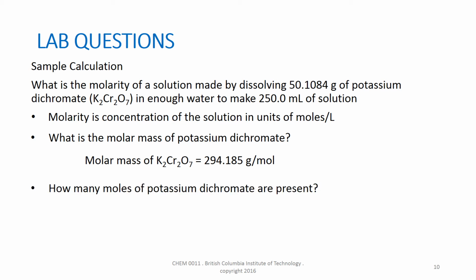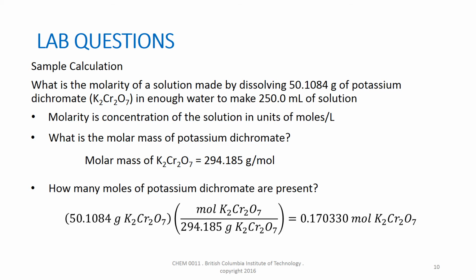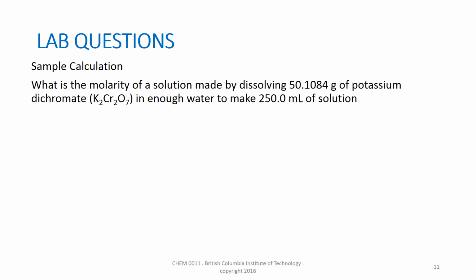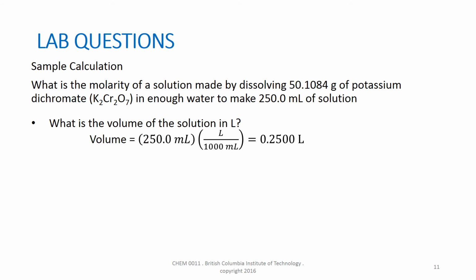Now the moles of potassium dichromate present can be calculated. It is found that 0.17033 moles of potassium dichromate are present. What is the volume of the solution? There are 1,000 milliliters in 1 liter, so 250.0 milliliters equals 0.2500 liters.